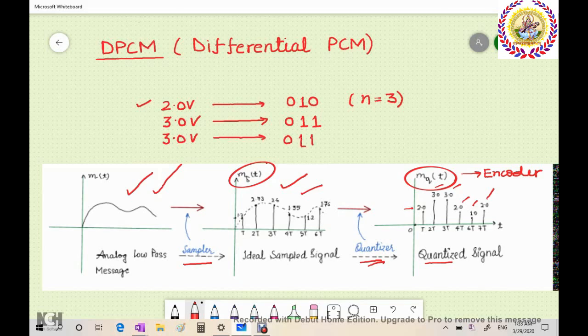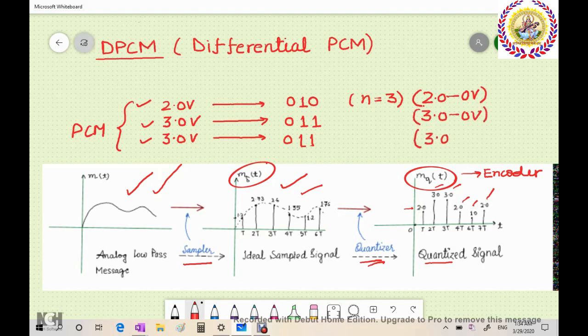Now the point is, in every case for PCM, we are transmitting 2 minus 0, 3 minus 0, 3 minus 0 volt. That means we are sending the quantized value into the encoder.